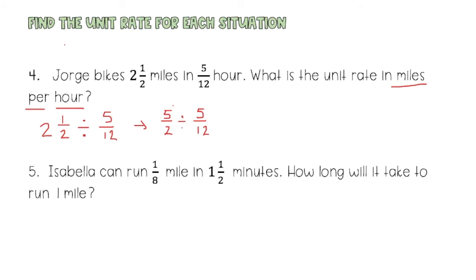Now I can follow my steps to solve. So I'm going to use keep, change, flip. So my first fraction is going to stay the same. My sign is going to change to multiplication. And my second fraction is going to flip. We're going to use the reciprocal.